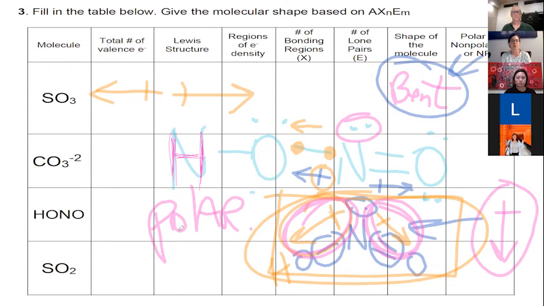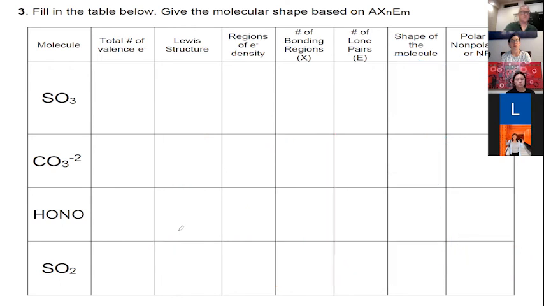I'm sorry, would you be able to go over the regions of electron density, the bonding regions again, because I'm kind of confused? No problem. Let's write this out. We'll just use the one we just did. So it looks like this. I have a lone pair there, a lone pair there, and two lone pairs there.